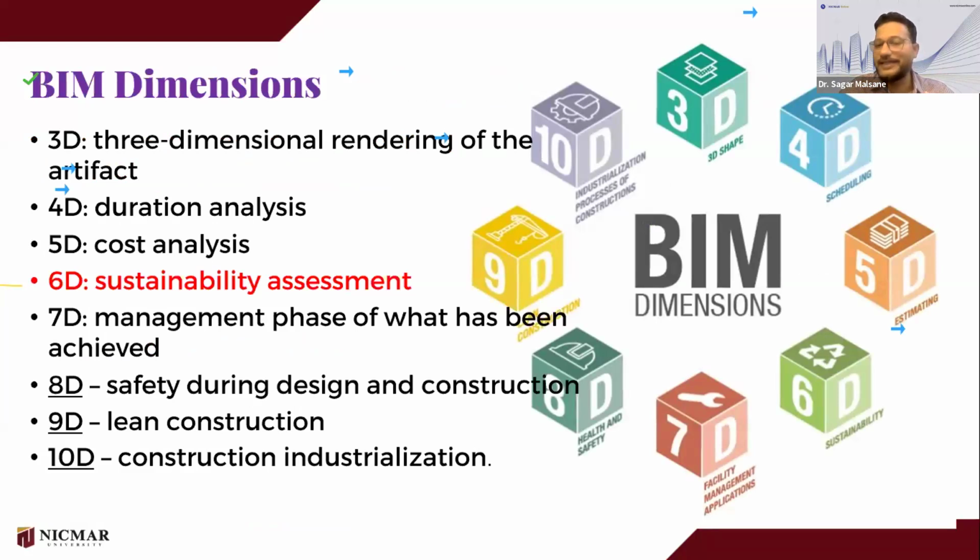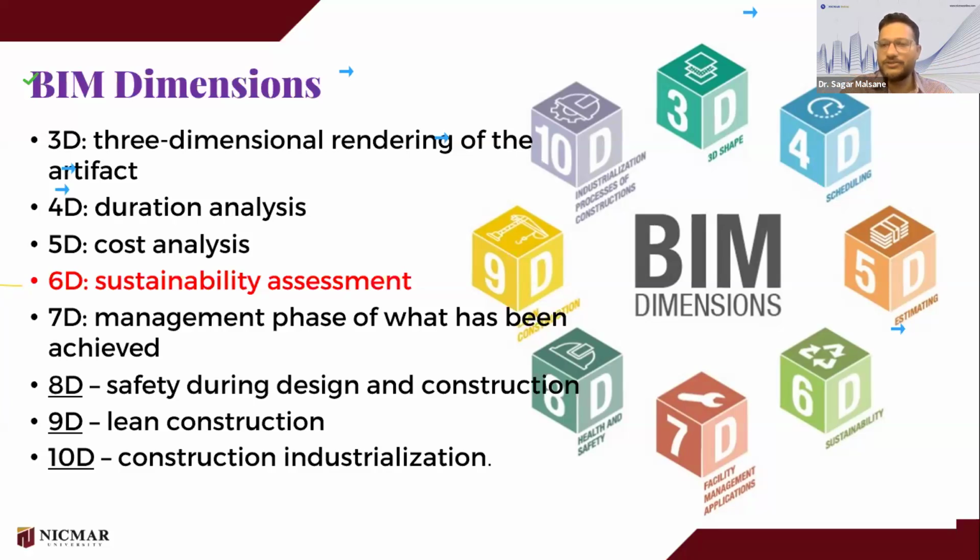If you look at the different dimensions of BIM, BIM starts with 3D. That is the third dimension of BIM, which is for visualization and clash detection. Then the fourth dimension is visual scheduling, which is about how you integrate your construction schedule with your 3D model data.